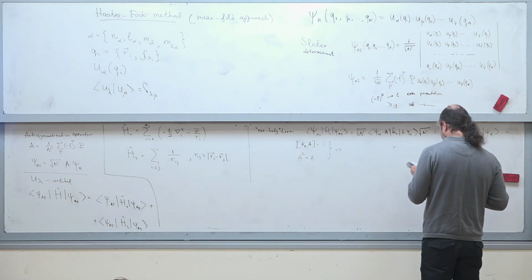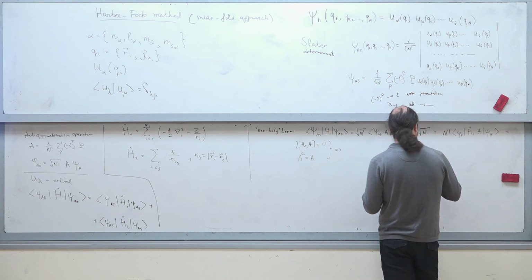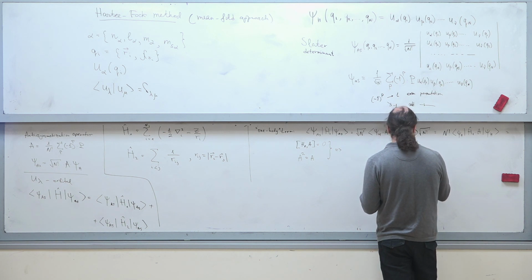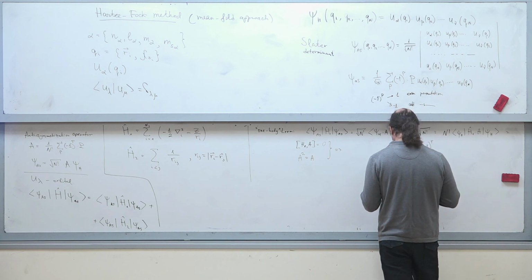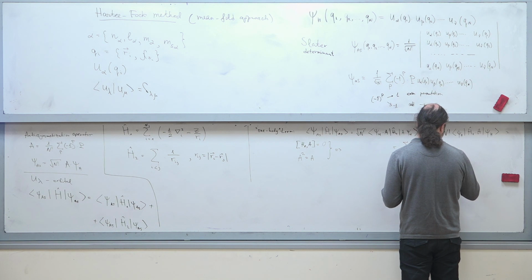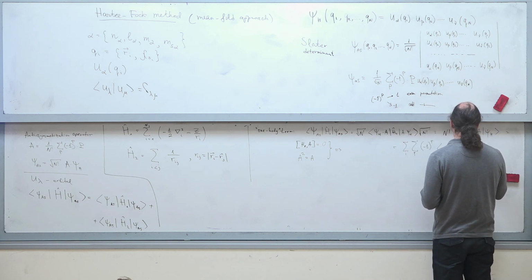So I can write that as the sum over permutations, minus 1 to the power of p, and then it will be the psi Hartree multiplied by H, closed between H1, multiplied by the permutation.